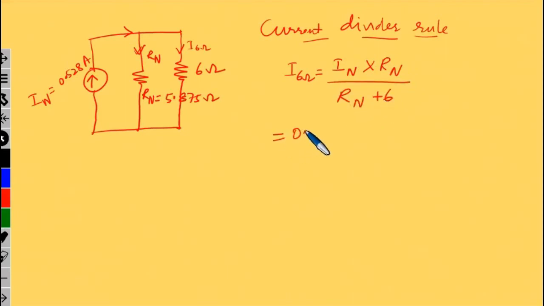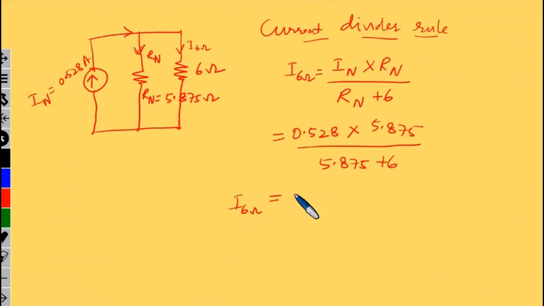So it is 0.528 into 5.875 divided by 5.875 plus 6. So my 6 ohm current, which is my load current, is equal to 0.26 amperes.